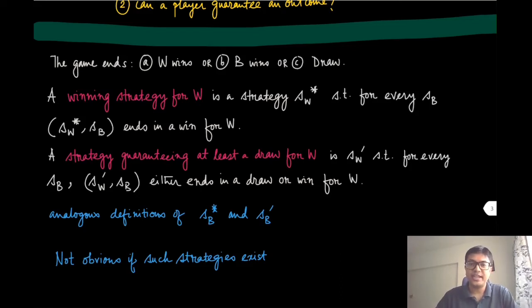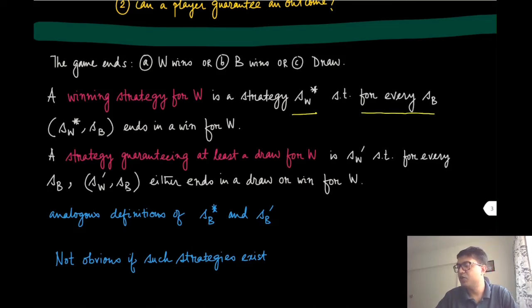Now, because we are making it formal, the winning strategy for W is a specific strategy, let's say SW star, such that for every SB, mind this word, for every SB, the strategy profile SW star, SB ends in a win for the white player. This is what we mean by a winning strategy.